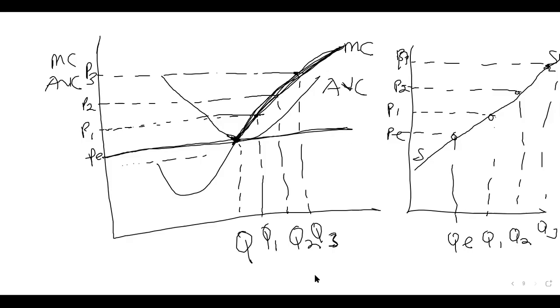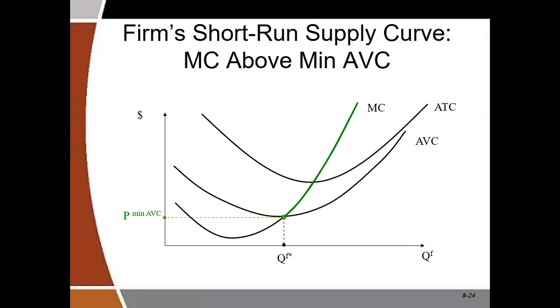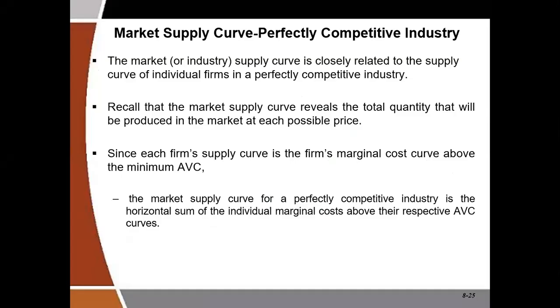That is the supply curve, okay? So in analysis, there is technically a supply curve, which is represented by the portion of the marginal cost curve above the minimum of the average variable cost curve.